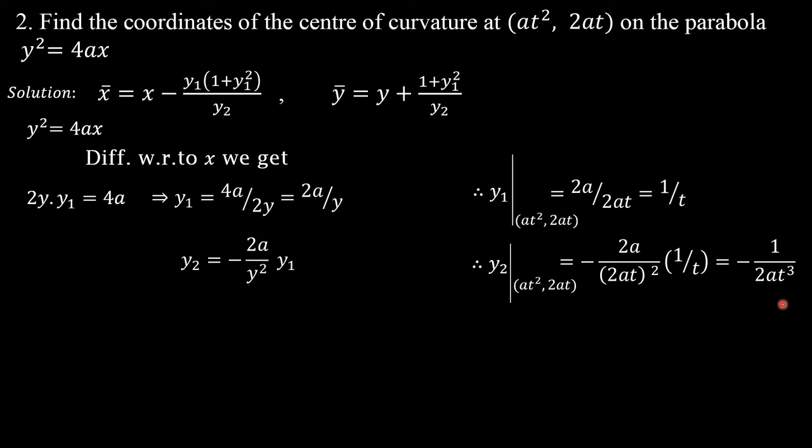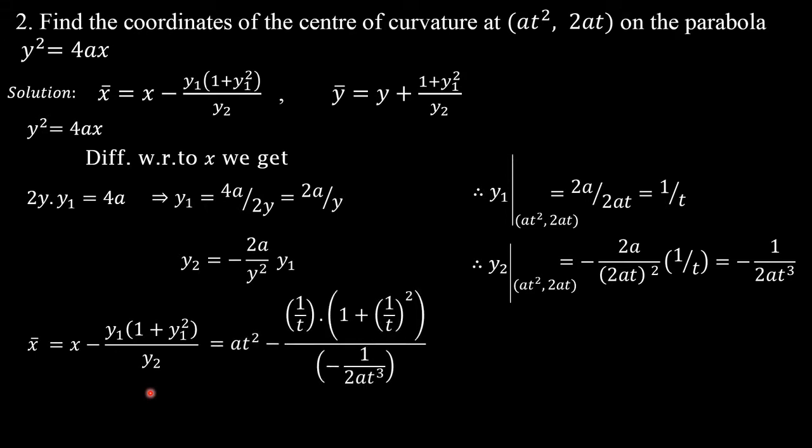Now let us substitute it in the given formula. The coordinates of the center of curvature x̄ is equal to x − y1(1 + y1²)/y2. What is the value of x over here? The value of x is at², isn't it? They have given the point at² and 2at.